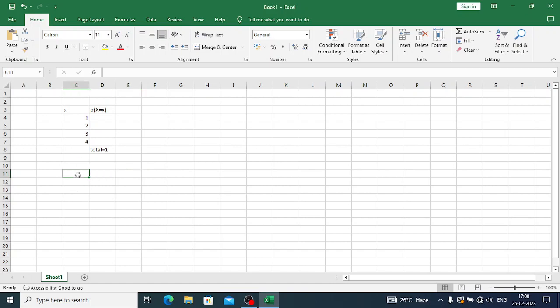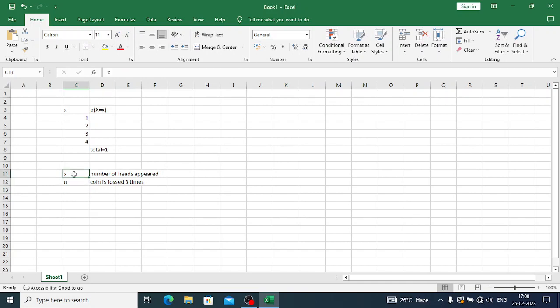Now let X be defined as the number of heads appeared. That means n is equal to 3, if a coin is tossed 3 times.